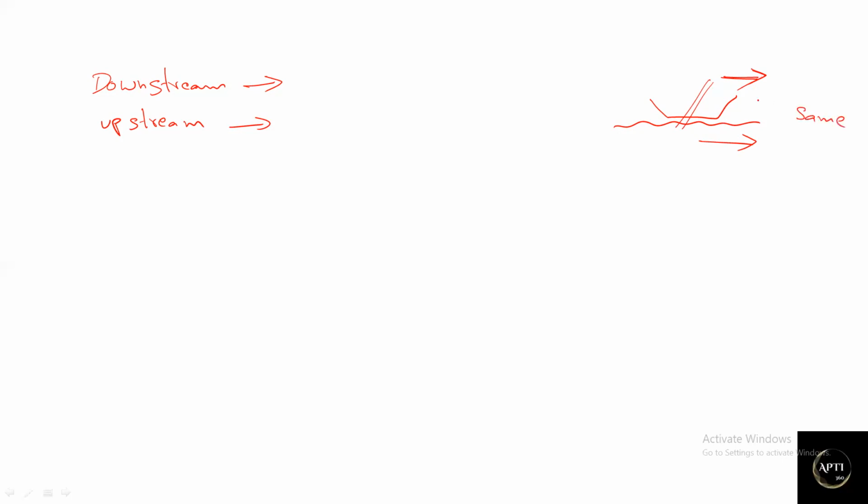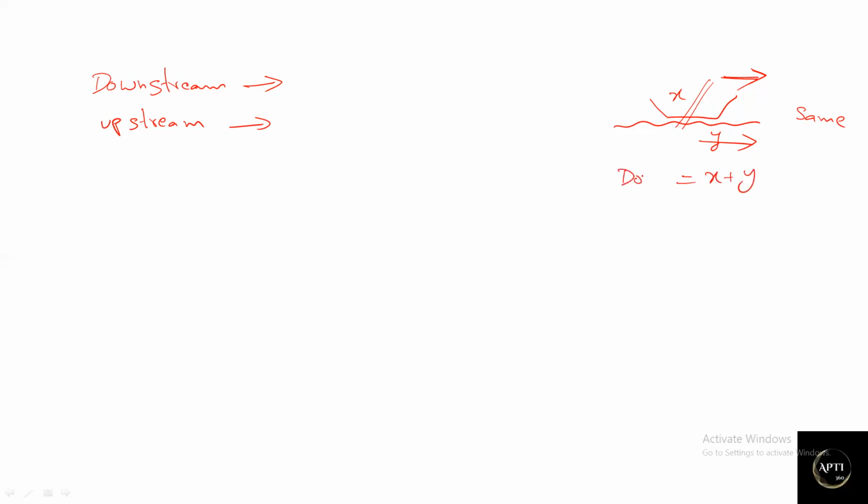Suppose the boat speed is x kilometers per hour and the water speed is y kilometers per hour. If both are moving in the same direction, of course the boat speed will increase. So the effective speed is x plus y.